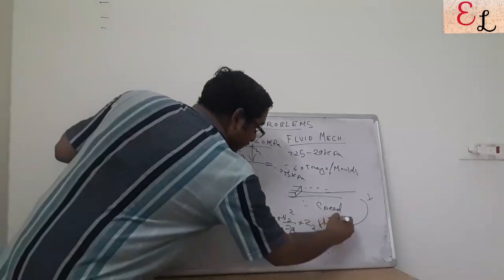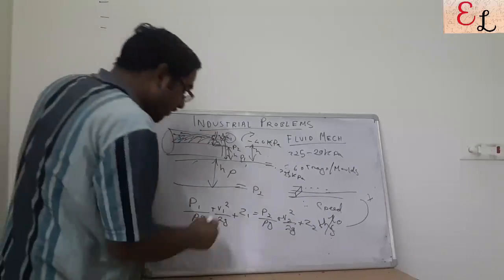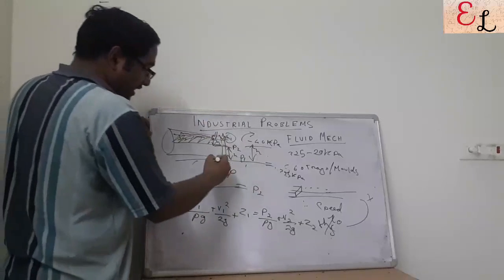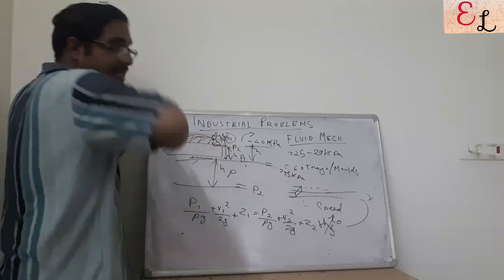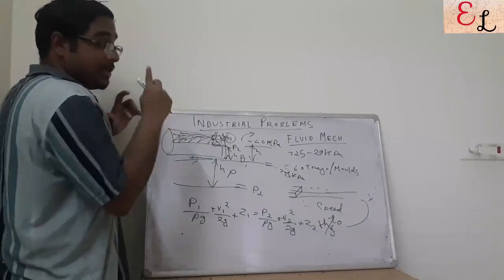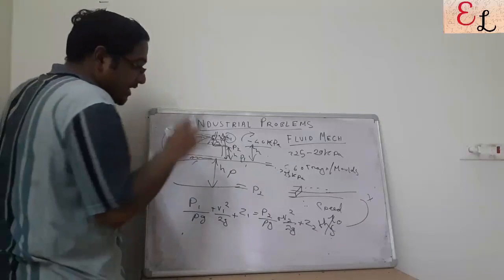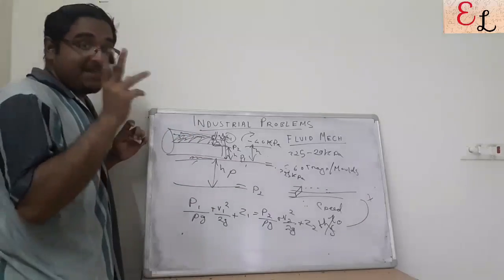Let us neglect this for the moment. And we know that V1, that is just above the bed, since the area A1 is very, very large compared to A2, the descending velocity is very, very small.